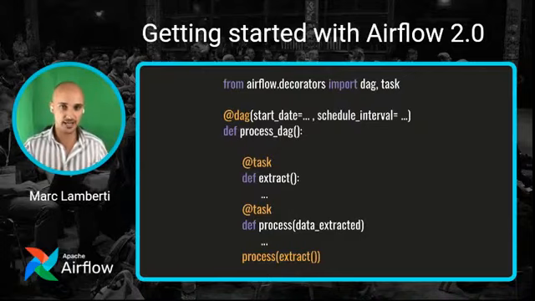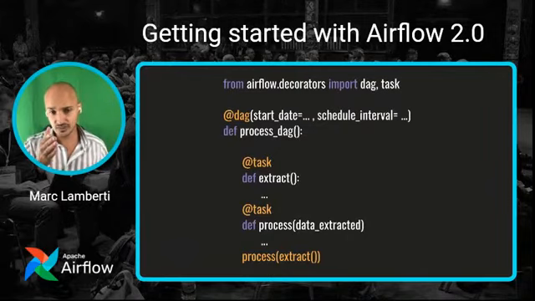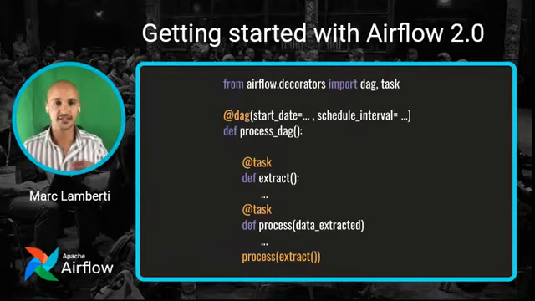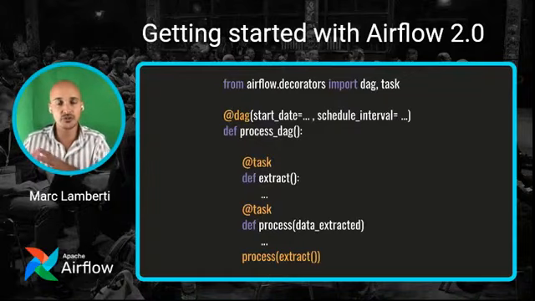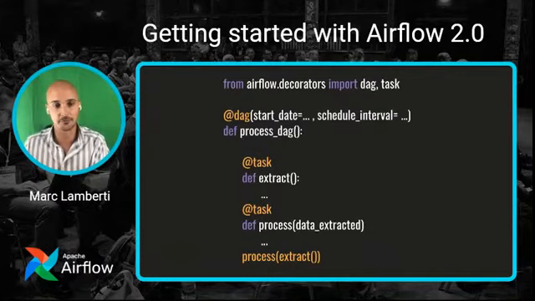With the TaskFlow API, if you use the task decorator, you can define your dependencies exactly like what you can see below. So for example, let's say extract produces some data that you want to process. You create an XCom and put your data into that XCom.